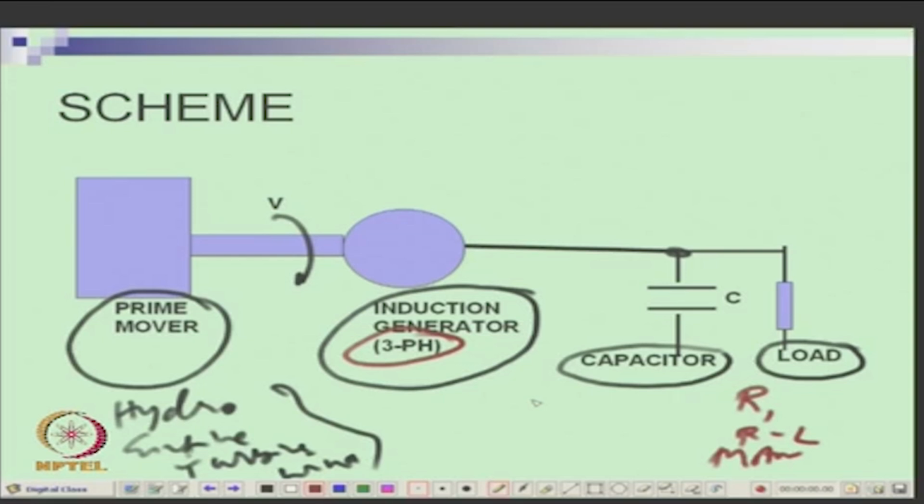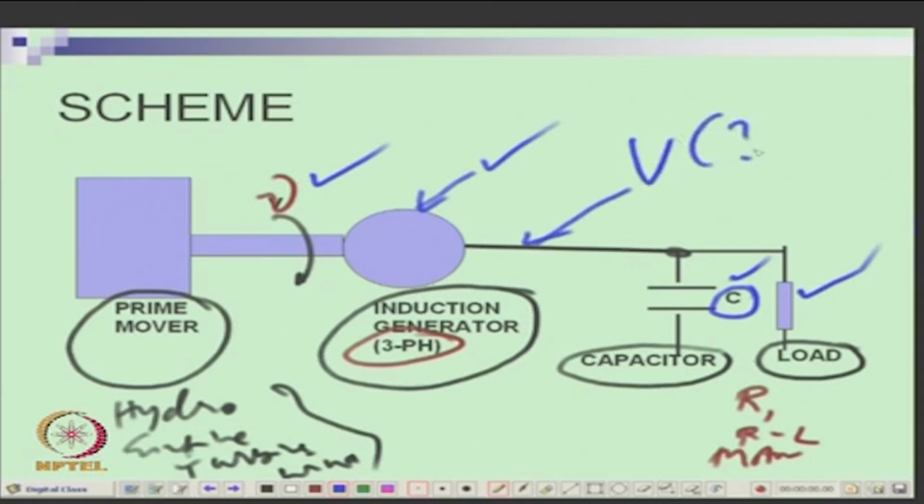Now, what we are trying to say is if the machine is driven at a speed, and you know the capacitor you are connecting, the machine parameters, and the load, I want to know what is the voltage here, how much voltage it will be generating, and what is the frequency that will be here.